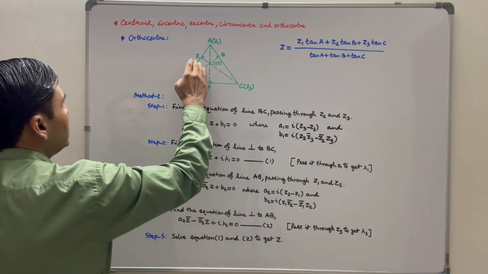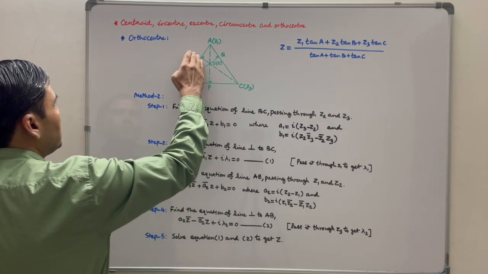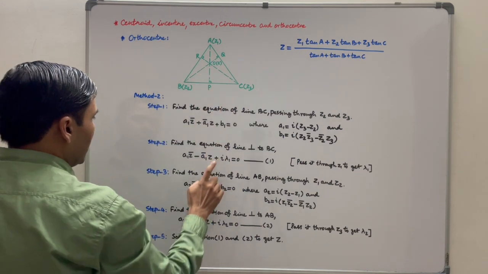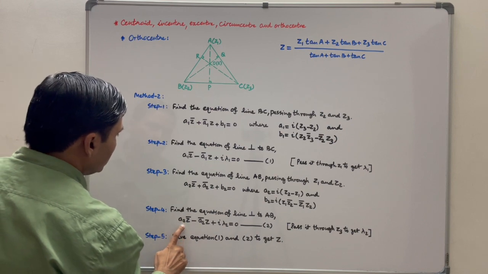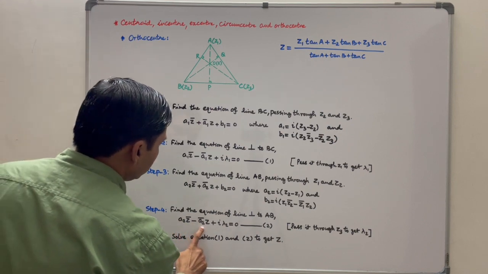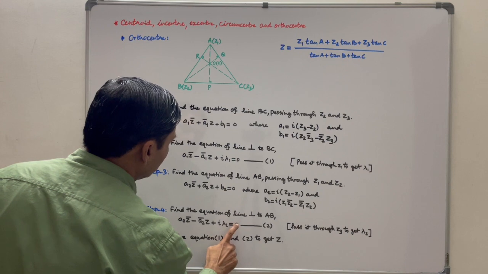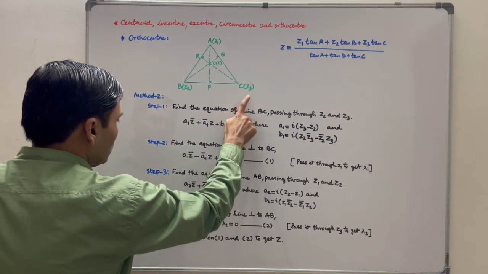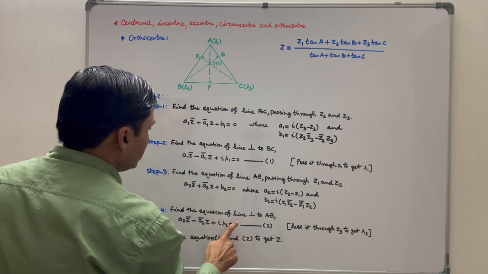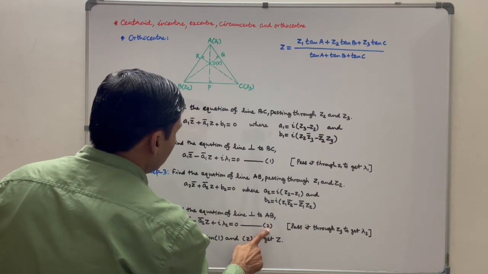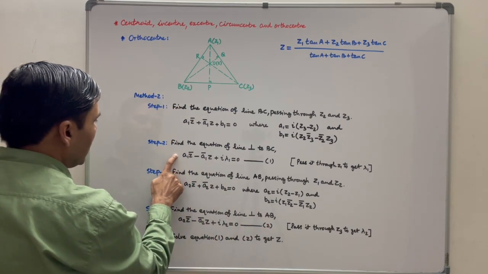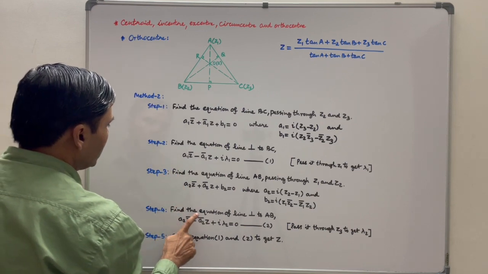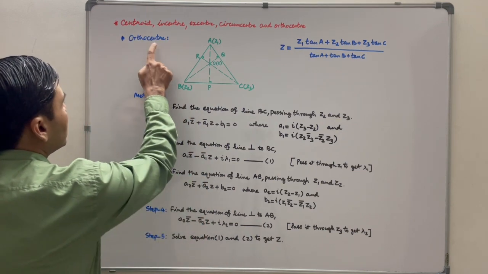Next, we will find the equation of a straight line that is perpendicular to AB, and that is given by A2 Z bar minus A2 bar Z plus I lambda 2 is equal to 0. We will pass this line through Z3 to get lambda 2. Suppose this is equation number 2. Now we will solve equation number 1 and equation number 2 to get Z, which will be orthocenter.